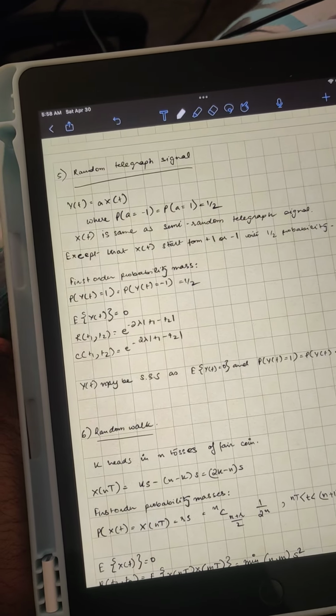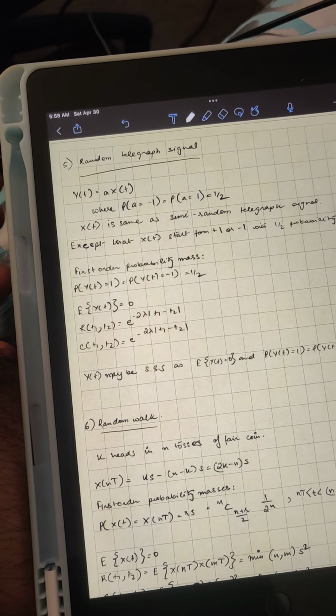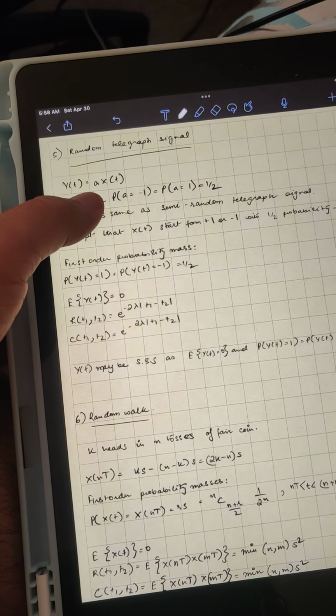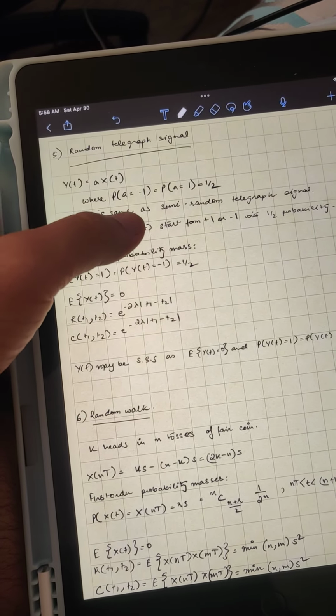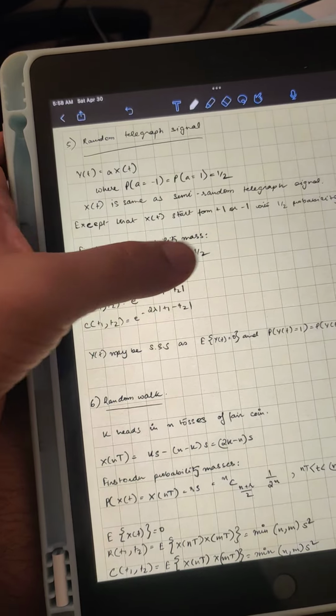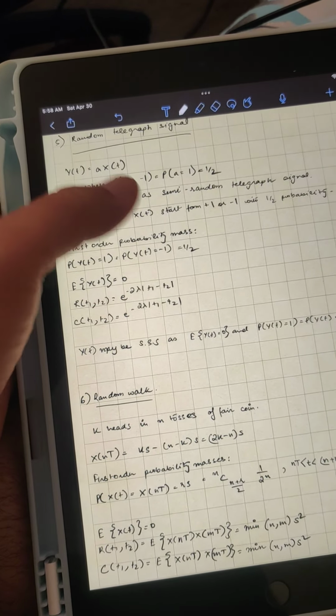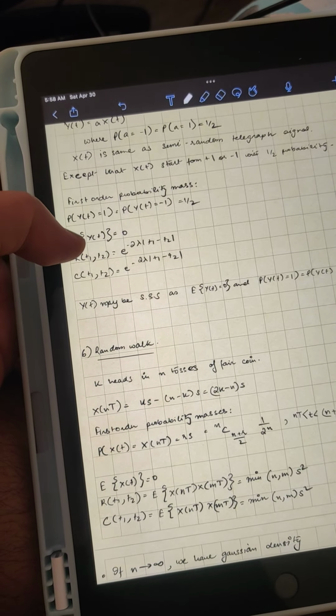So as I said, in random telegraph signal, it starts with either a 1 or a -1 and we represent this by the variable a. So probability of a equal to -1 or a equal to 1 is half. It can take either value in the starting, and then xt is the same as semi-random telegraph signal.